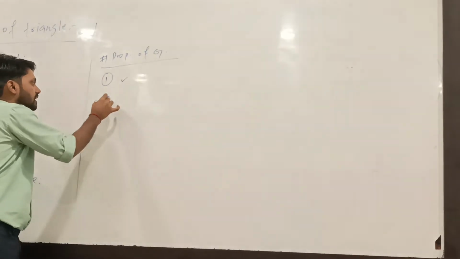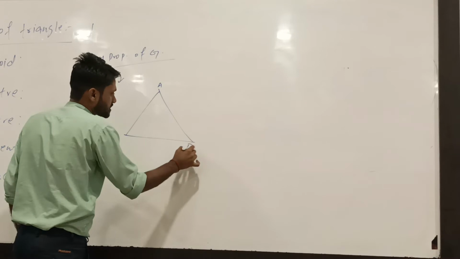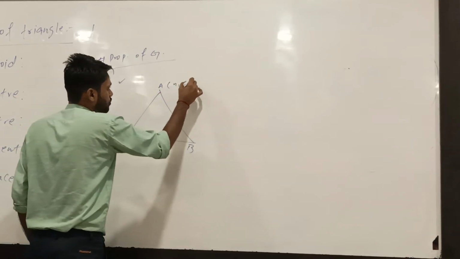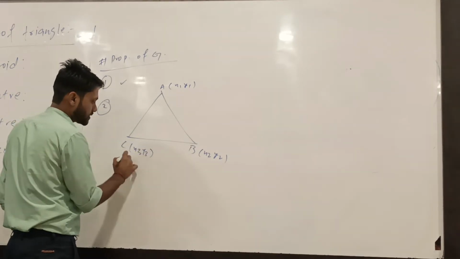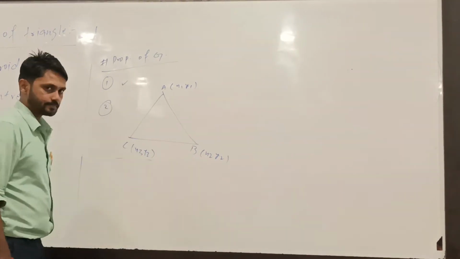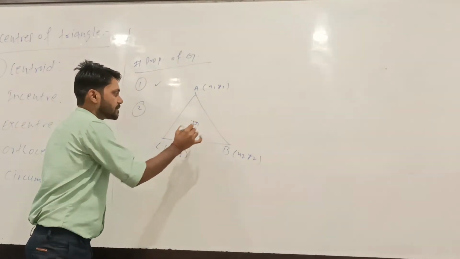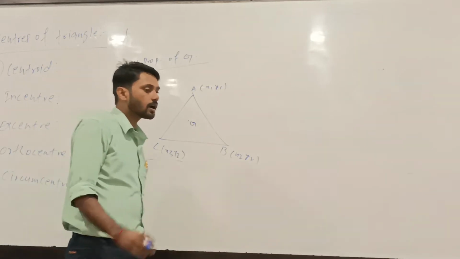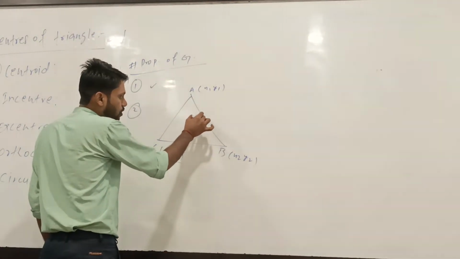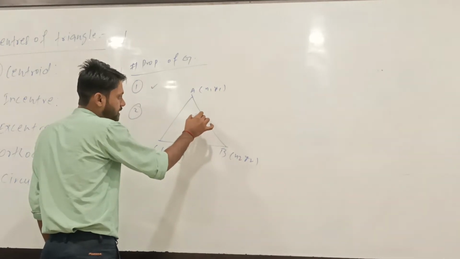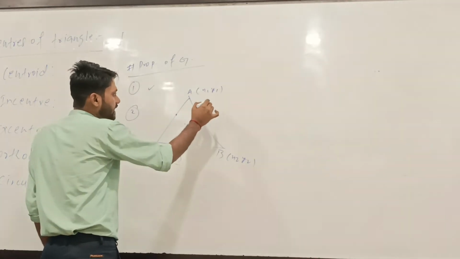Okay. Second property. Remember, in any triangle, this is A, this is B, this is C, with vertices x1, y1, x2, y2, x3, y3. Suppose G, the centroid, is given. Consider the other triangle made by joining the points on the sides, cutting them into the same ratio.